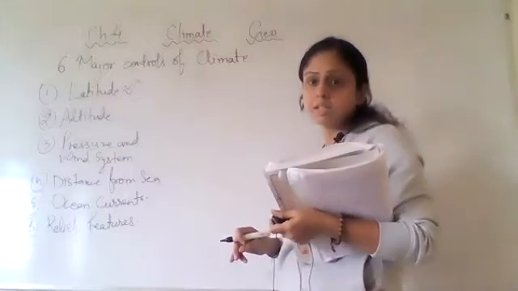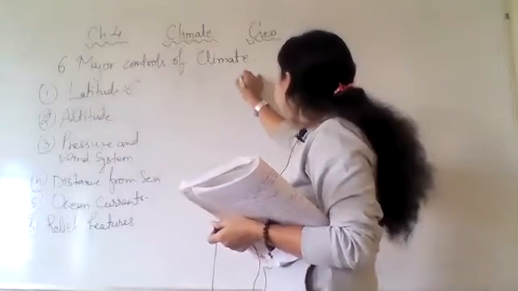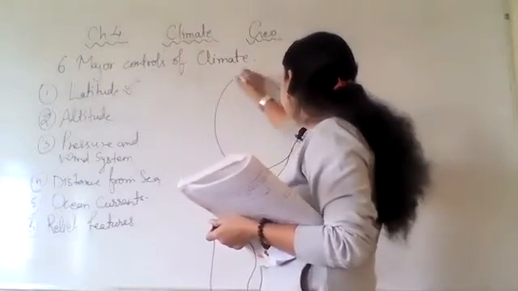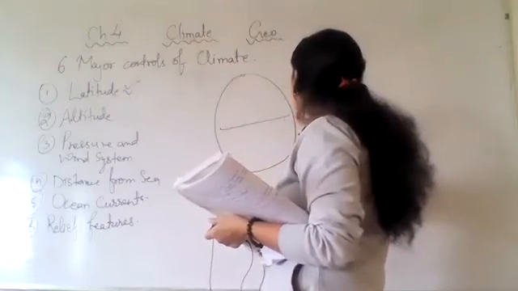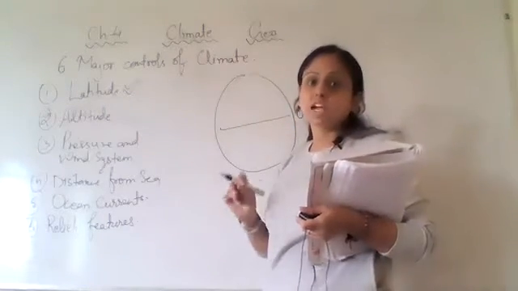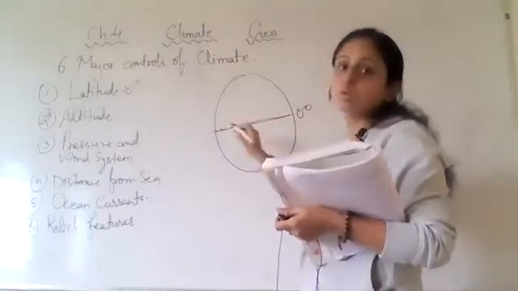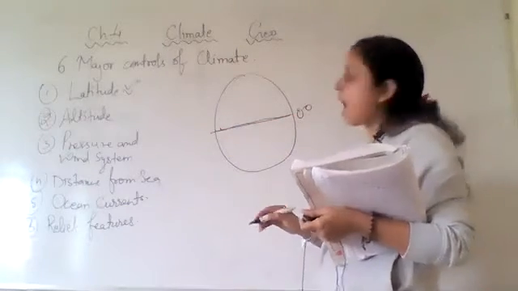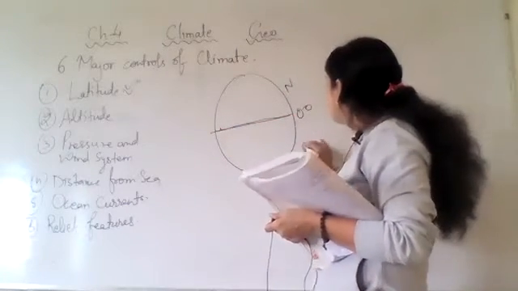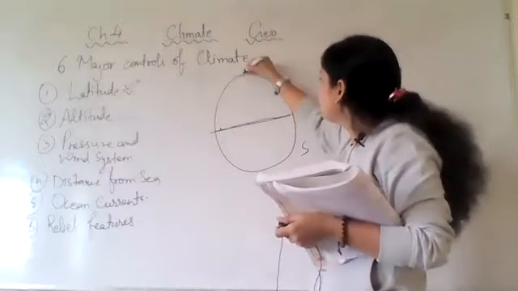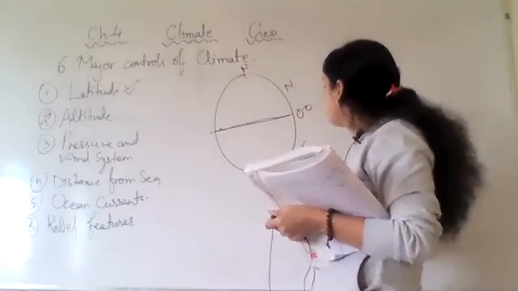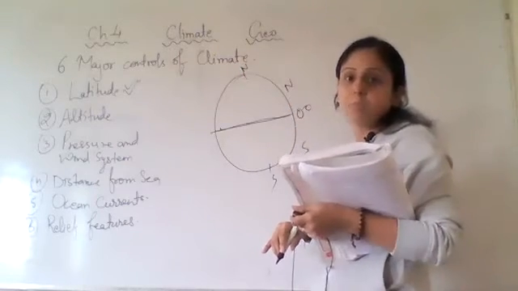So in that, if we see the latitudes, this is the 0 degree equator, which divides the earth into 2 hemispheres, 2 equal parts. This is the northern hemisphere, this is the southern hemisphere. Here you will have the north pole, here you will have the south pole.